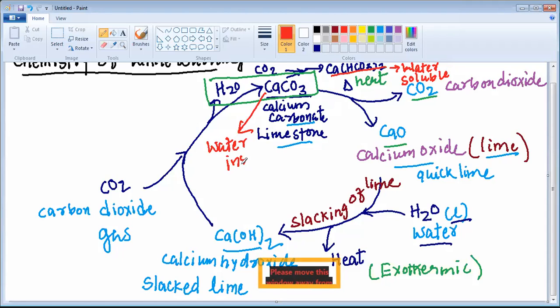Please remember that calcium carbonate is water insoluble, whereas calcium hydrogen carbonate is water soluble.